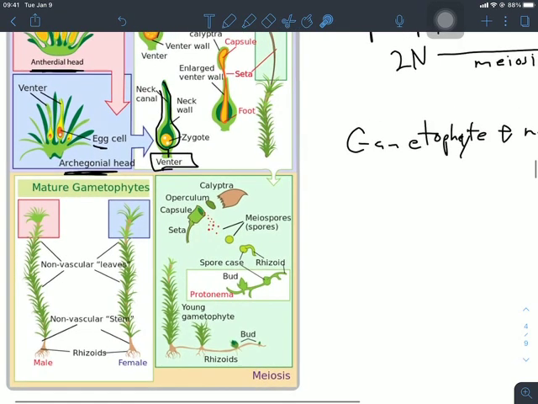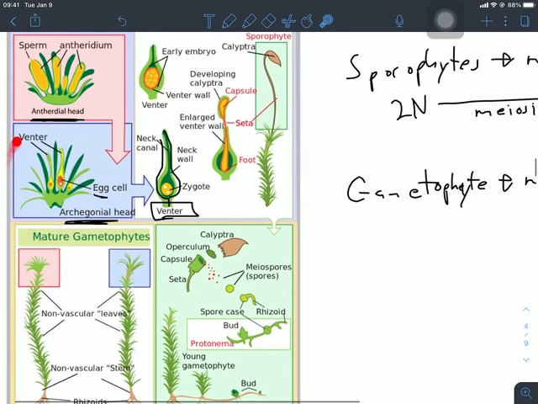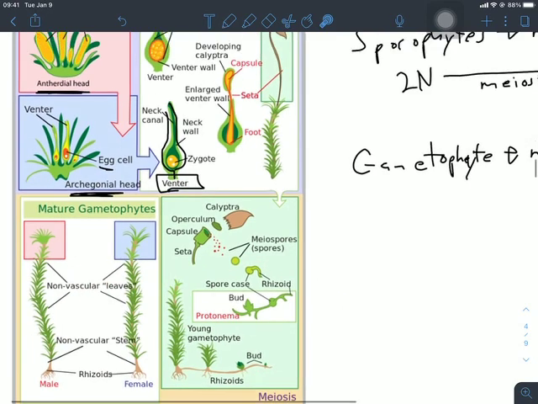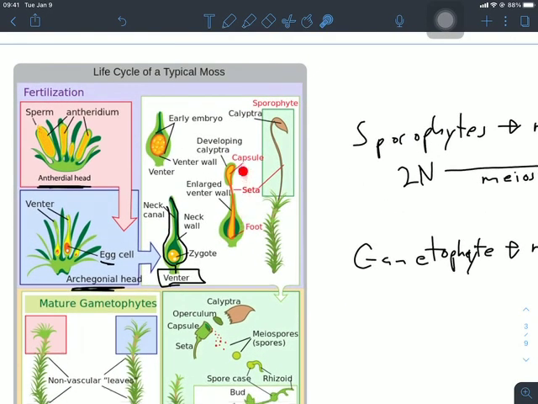And then at the tips of our gametophytes, if they are of different gender, you'll have some that make antheridia and some that make archegonia, and the process repeats, with mitosis occurring here in making our gametophyte body, and mitosis occurring here in making our early embryo into the sporophyte.